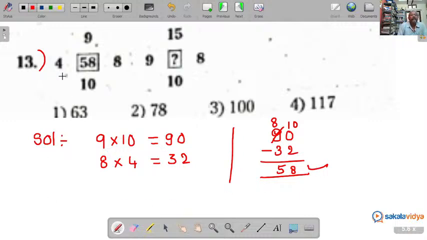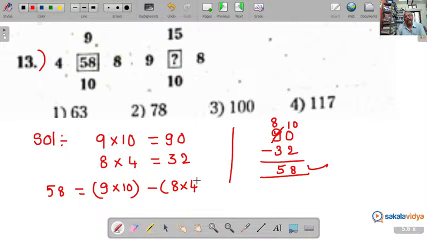That means in the similar pattern, 58 equals 9 times 10 minus 8 times 4. This is the certain rule or pattern. The same pattern has to be followed to find out this question mark.